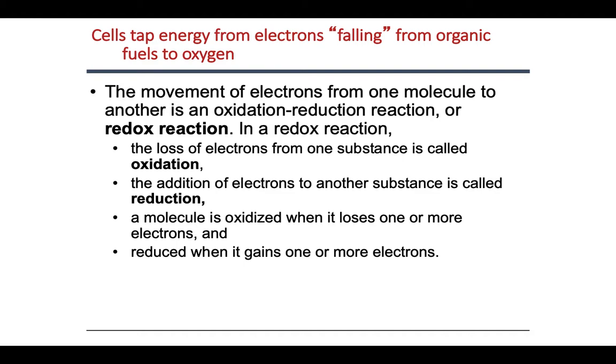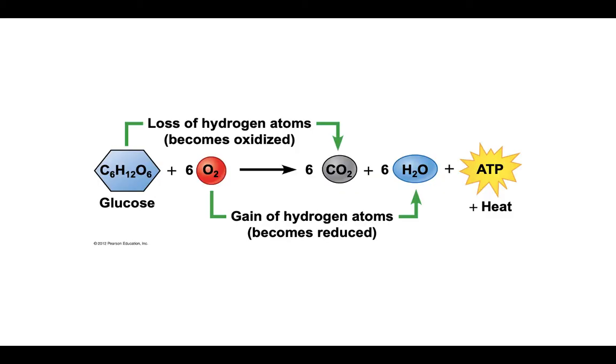Therefore, a molecule is oxidized when it loses one or more electrons, and it is reduced when it gains one or more electrons. In this example of a redox reaction, in the cellular respiration process, the carbons in the glucose become oxidized while the oxygens become reduced.